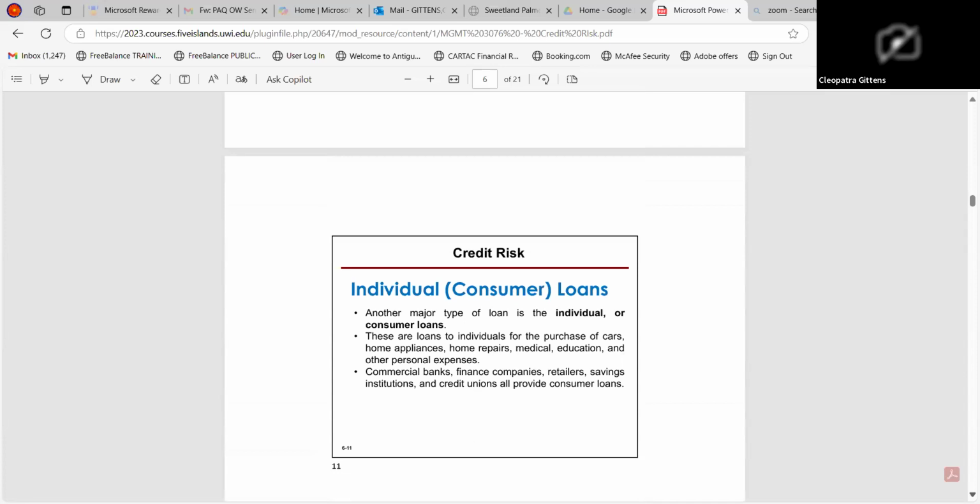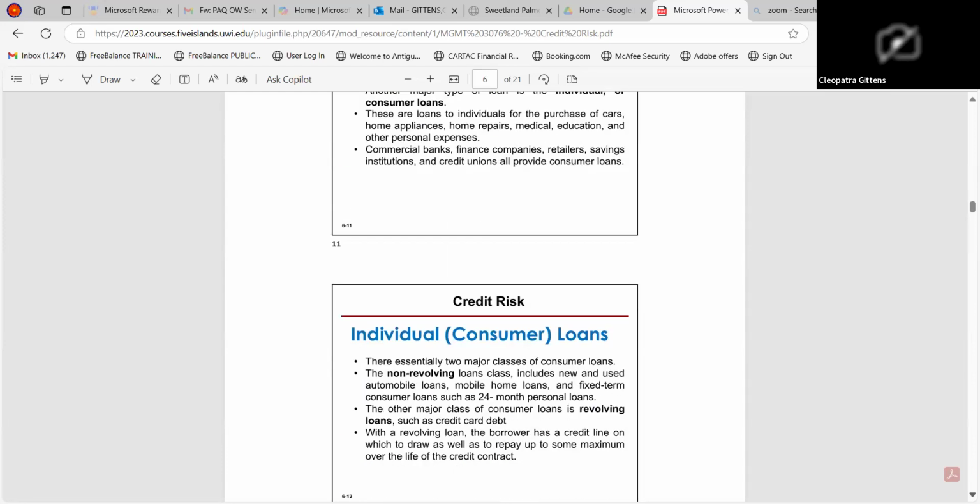if the person, the organization or the company defaults on the loans, right? Then you have your individual or your consumer loans, and we spoke briefly about those. Like I said, I'm not going to get into details on those. You need to do your reading. So you have all those different types of loans, your car loans, your mortgages, and a car loan has to be paid back in less time than a mortgage, for example.